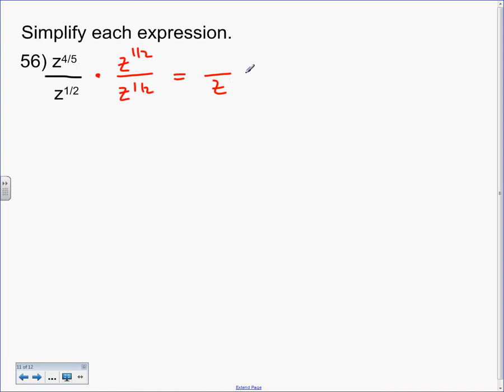So then you can use your calculator, take 4/5 plus 1/2, or you can make common denominators. They're both out of 10, either way. So you should get 13 over 10. Same thing. 4/5 plus 1/2 is 13 over 10.